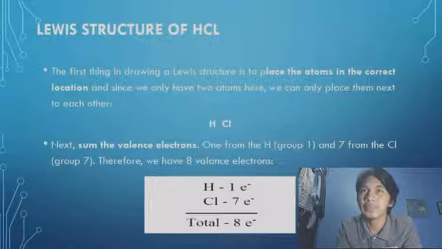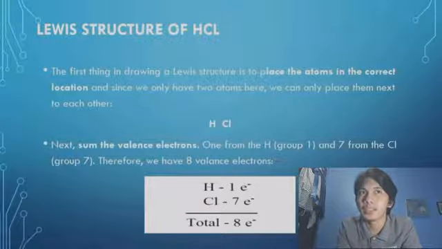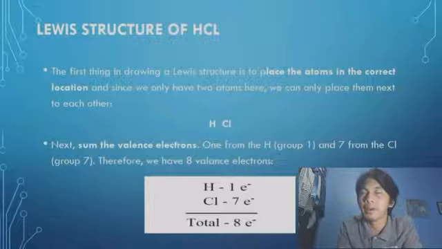As you see here, I write the H, then Cl, and in general as well, remember to always put the hydrogen on the periphery, because it has 1 electron and can only make 1 bond.